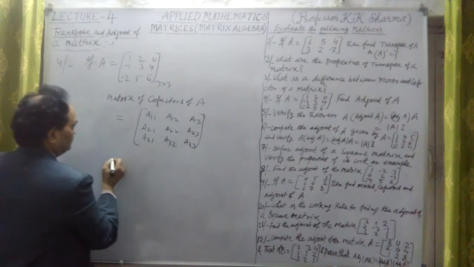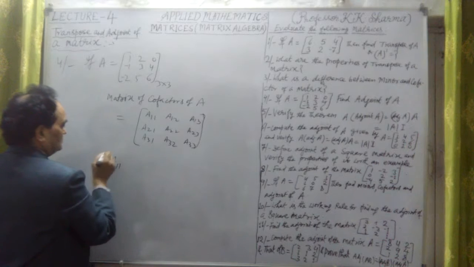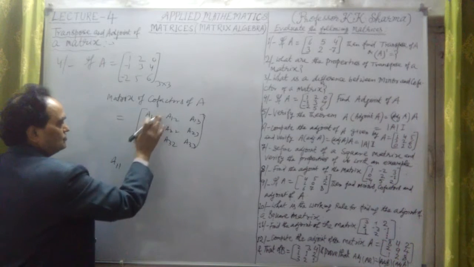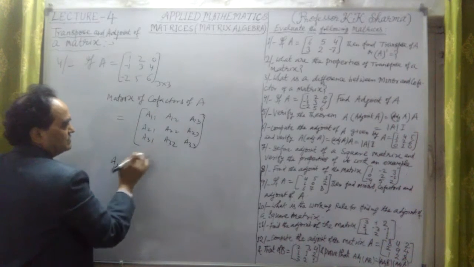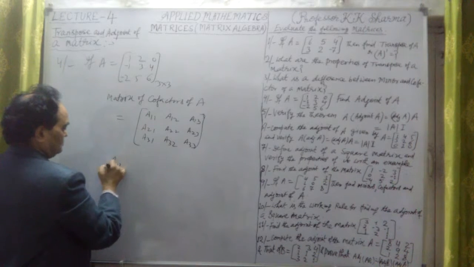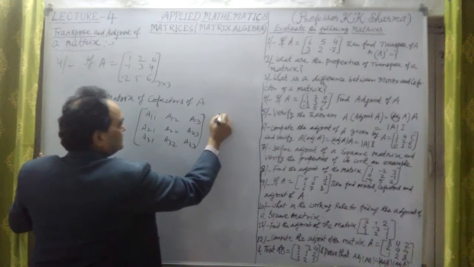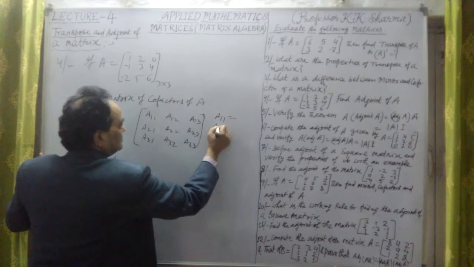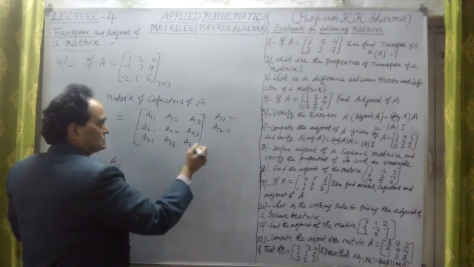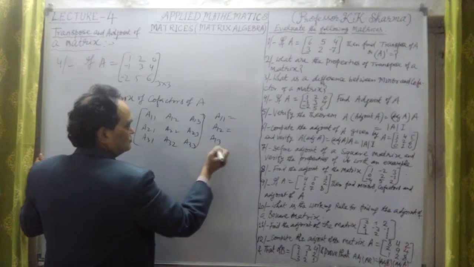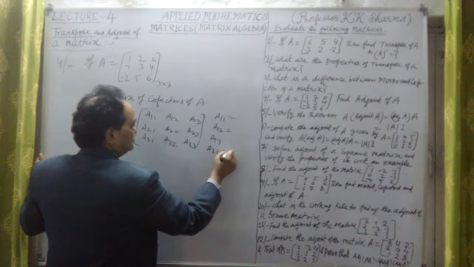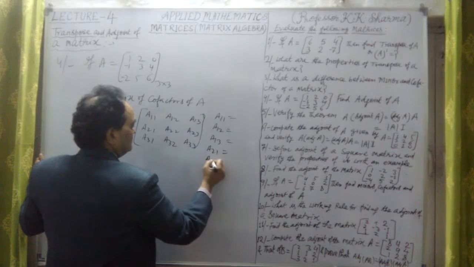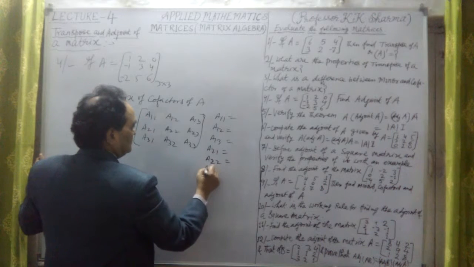What is A11 here? Let me find all these 9 elements. First is A11. A12 equal to how much? I'll just calculate. A13 is what? A21 is what? A22 is what?